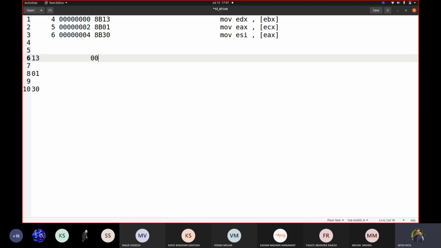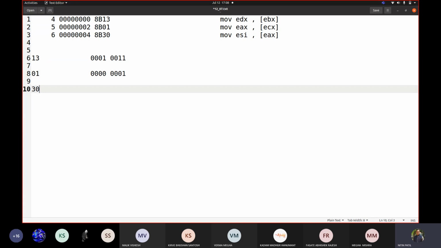So if I write 13, how would it be? This would be 1, then this would be 3, correct? Similarly, this would be 0 and this would be 1.